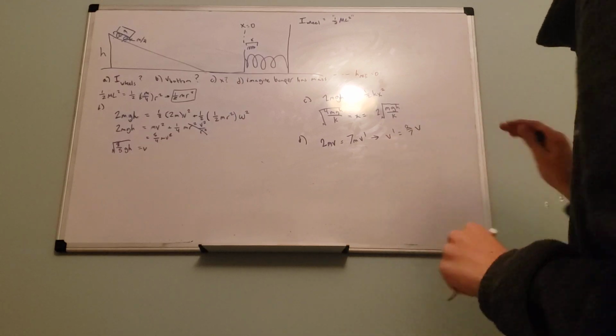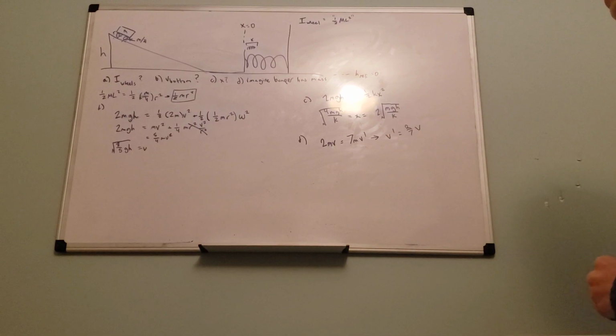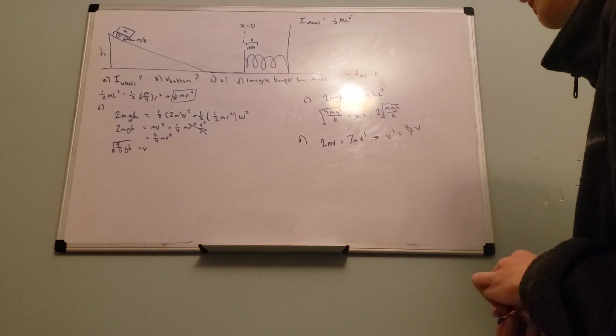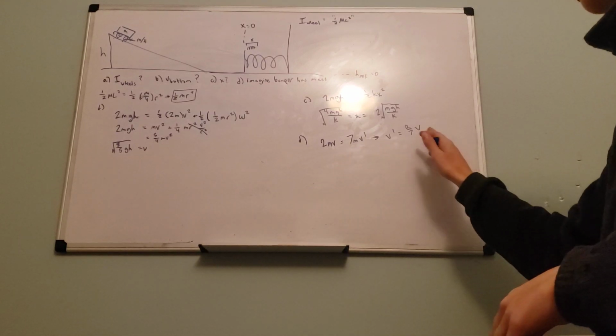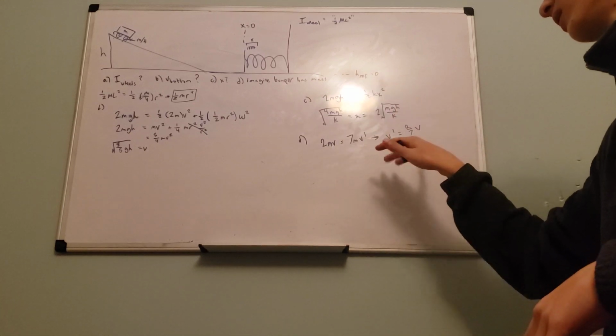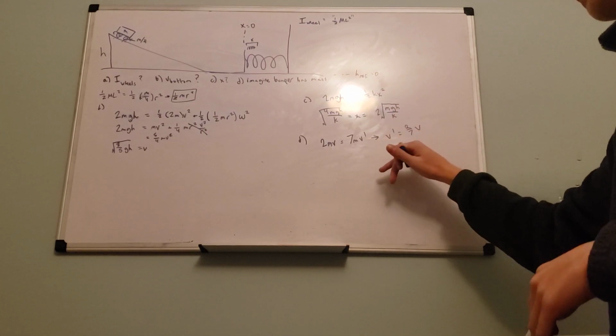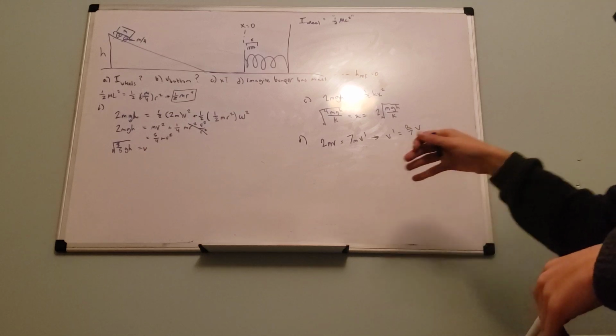And then let's plug this in and see what energy we get, because we can say that momentum is conserved, but we can't necessarily say that energy is conserved. So I can't use 2mgh anymore.